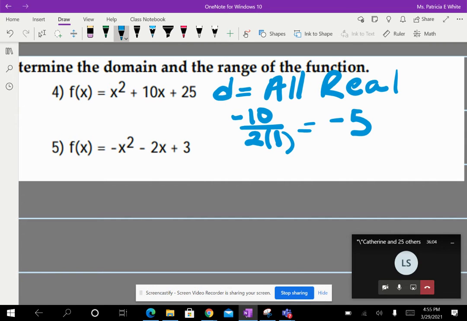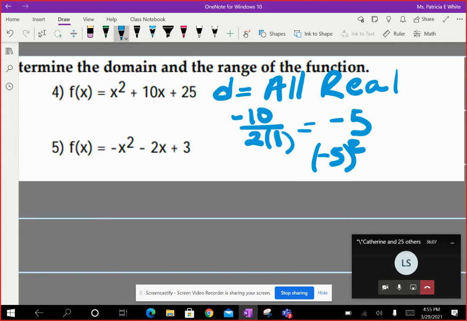So I need negative 5 squared plus 10 times negative 5 plus 25. So I've got 25 minus 50 plus 25. What am I going to get for y?